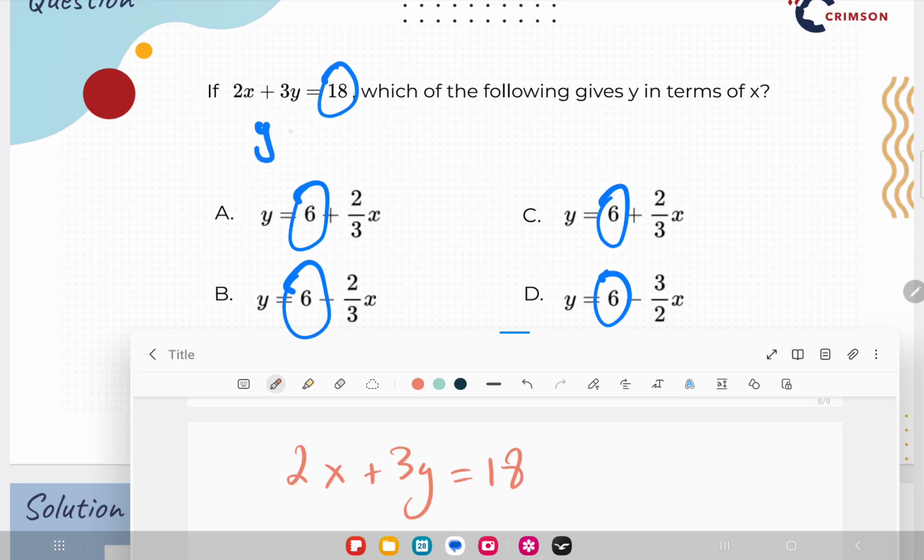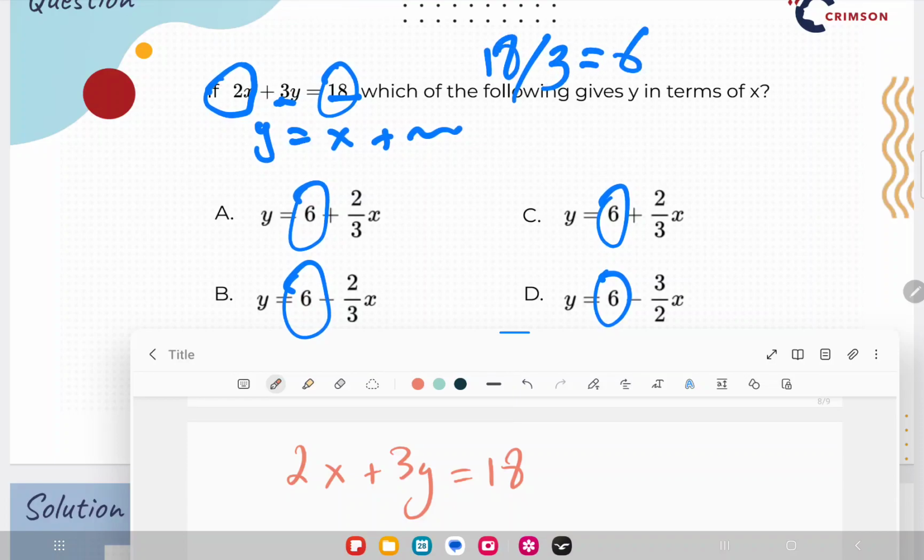So I want y in terms of x and something. I'm not going to look at the x now, but if I divide 18 by 3, I'm going to get 6. So all of these are 6, which is not very helpful for me.